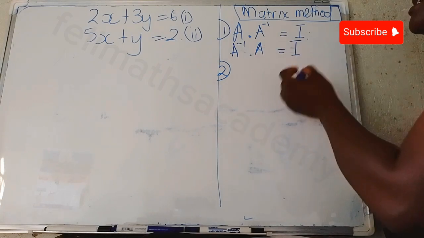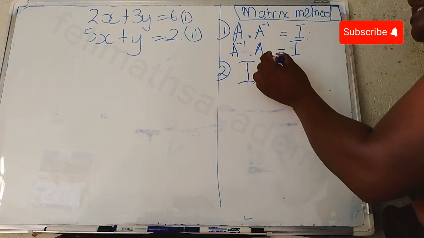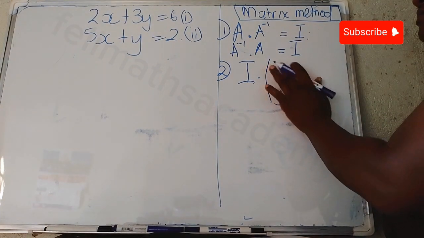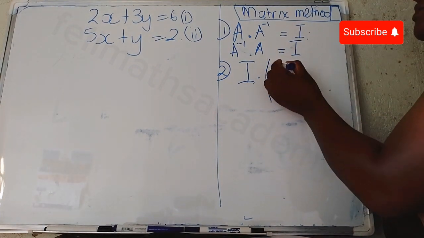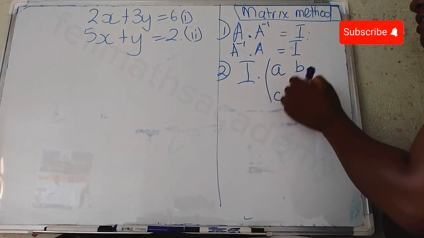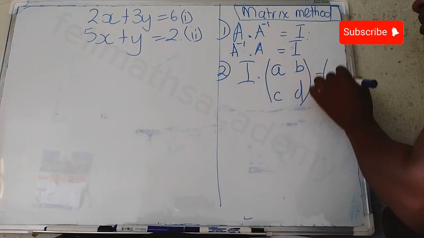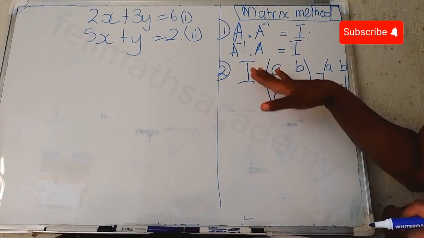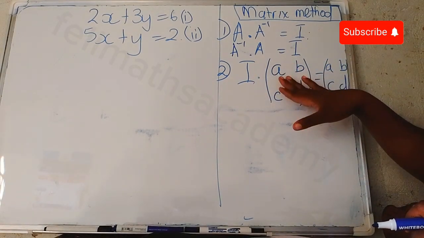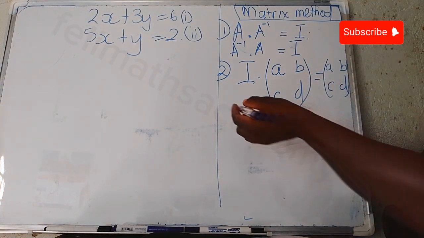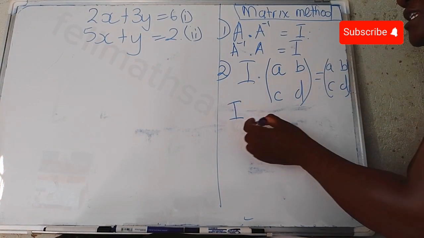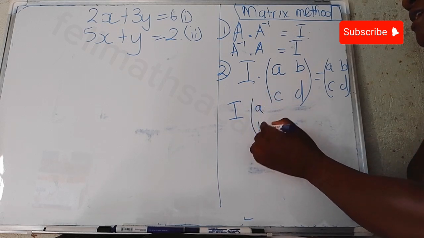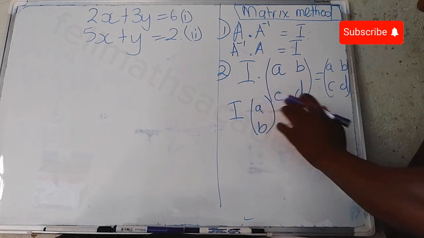Then if we multiply an identity matrix by any other matrix, this is the second point to take note of. An identity matrix times a matrix, let me use A, B, C, D. What do we get? We get that same matrix A, B, C, D. That's the same again if we multiply the identity matrix by maybe A, B. This is a 2 by 1 matrix.